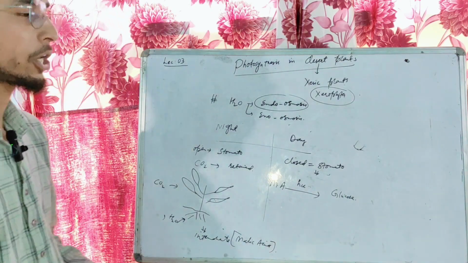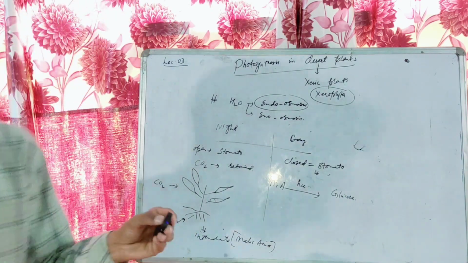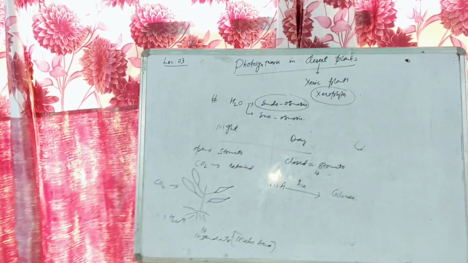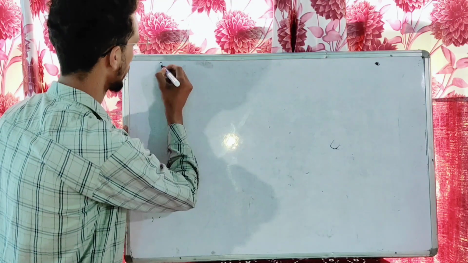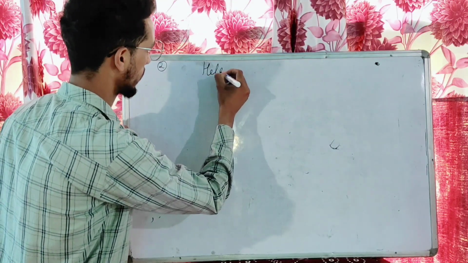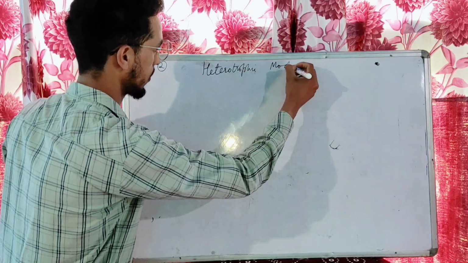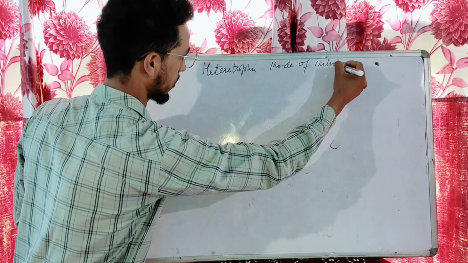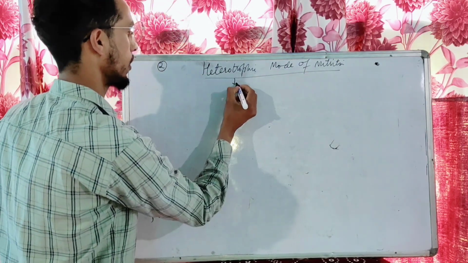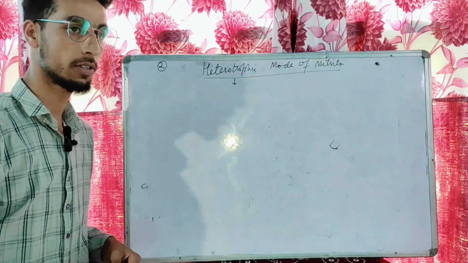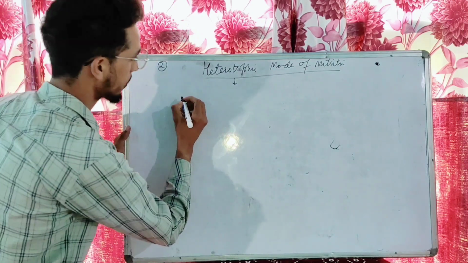Now let's move towards the heterotrophic mode of nutrition. Now our next topic is the heterotrophic mode of nutrition. Here the organism depends on autotrophs for its food supply.